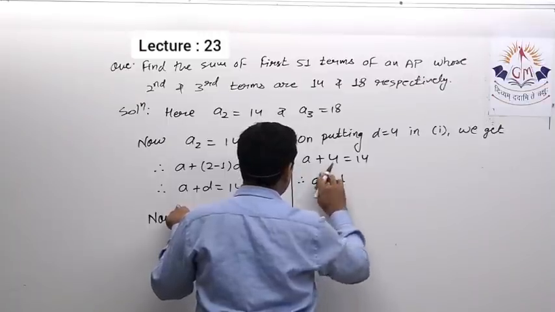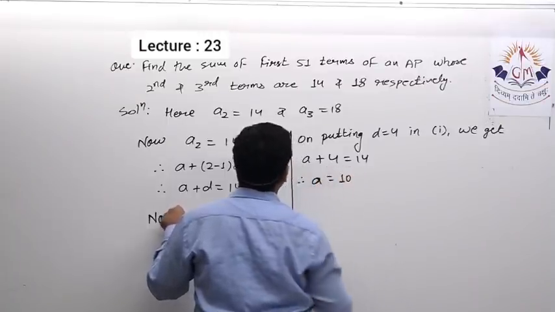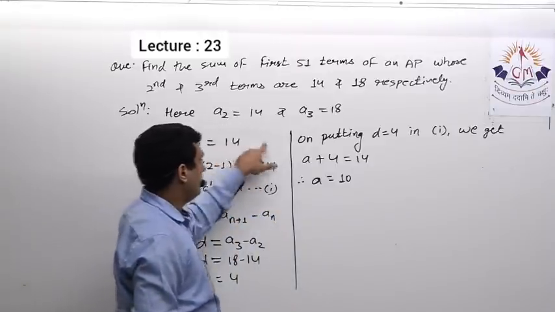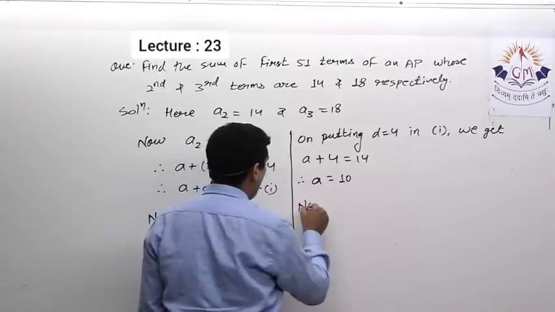We got the first term, that is 10. Okay, first term is 10, second term is 14 by adding 4, third term is 18. Now what we have to find?